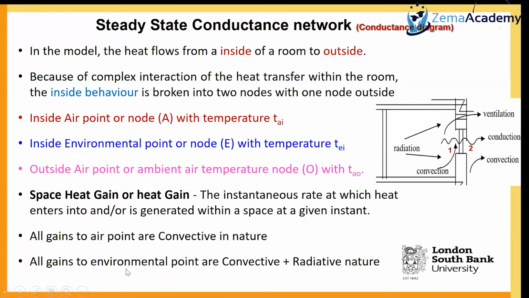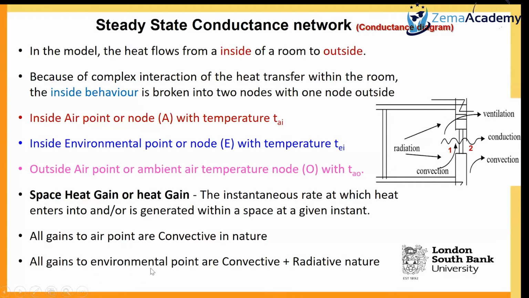When I say that heat is going to be gained at the environmental point, then this heat transfer will consist of two processes, that is convective heat transfer and radiative heat transfer. Because like I said, you can see in the figure that we are considering the convective heat transfer from the room, and we are also considering the radiation part.